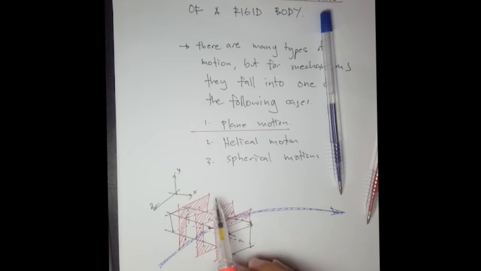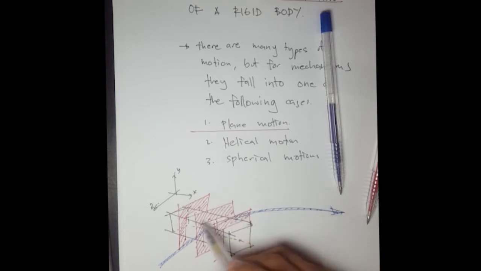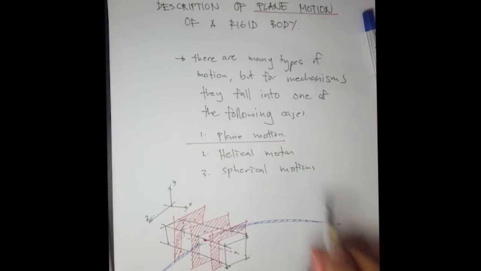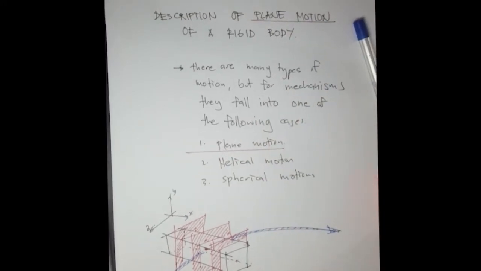So the point is, this plane is just the same as this one, but we'll just consider one plane that passes through the mass center. That's what a plane motion is.